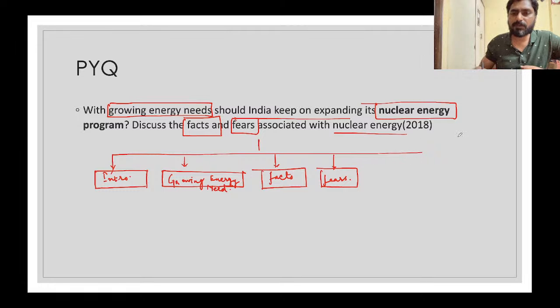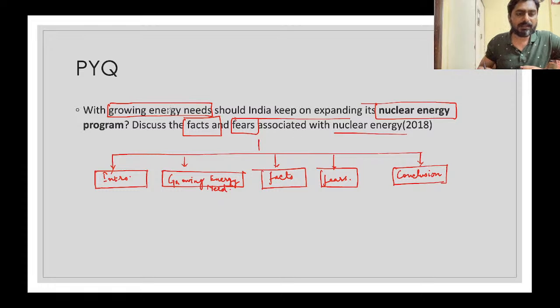So we should write a conclusion, or a way forward, on how we should proceed ahead. We can add a conclusion which can overturn the fears associated with nuclear energy.